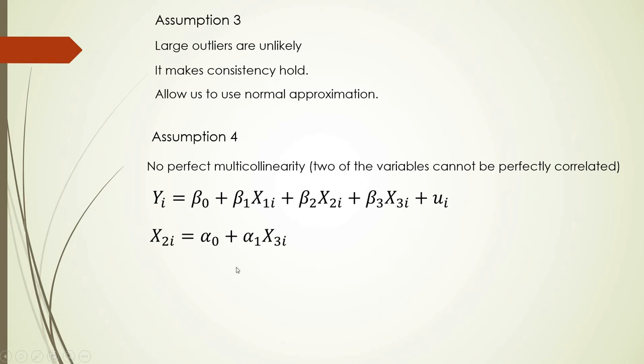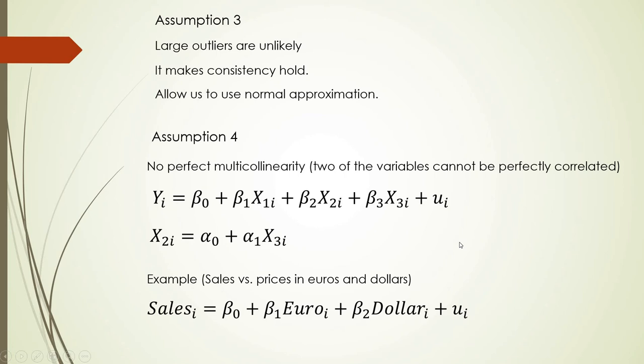For example, if for x3 the value is 2, we are getting for x2 4. For every value of x3, let's say 5, we are getting 10 for x2. So we have perfect multicollinearity. We know the answer for the x2 if we know the value of x3. Then we have the perfect multicollinearity. And we need to avoid that.